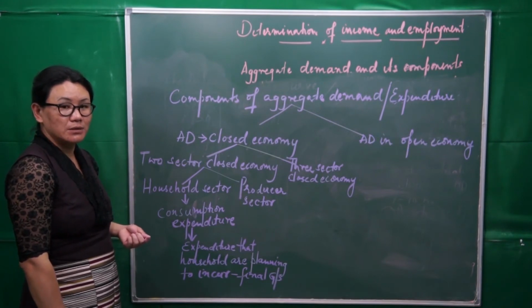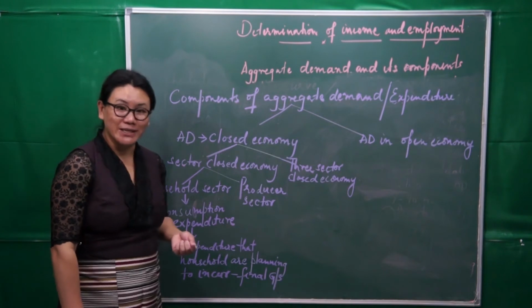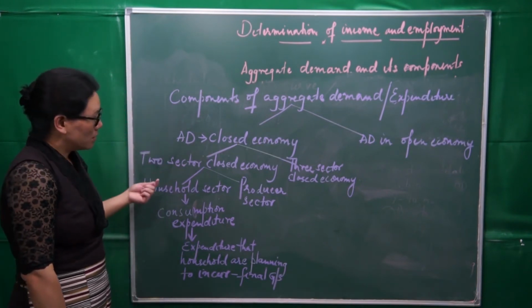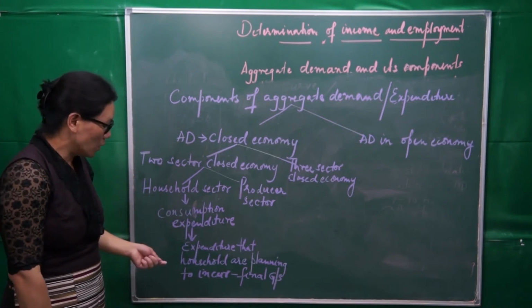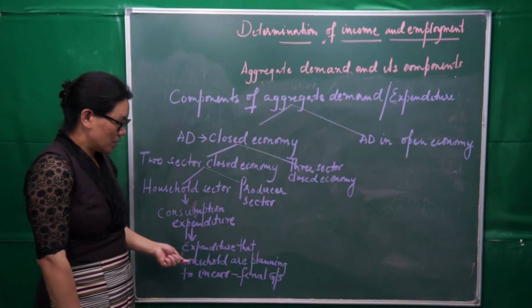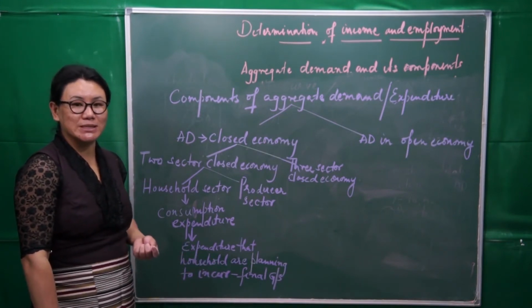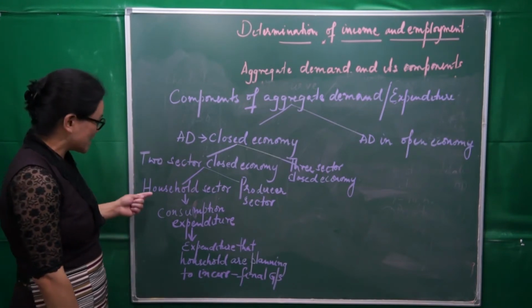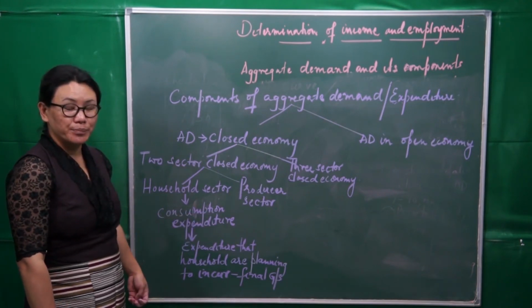I said in the beginning, X and T, right? Okay, so it's a planned expenditure that household will incur on the purchase of final goods and services in an economy during 1 year is called as household consumption expenditure.